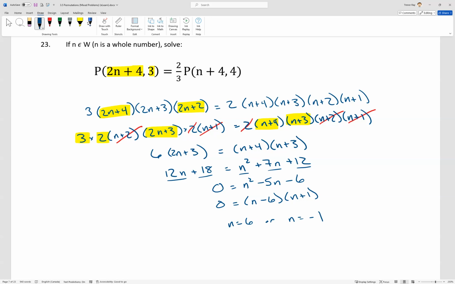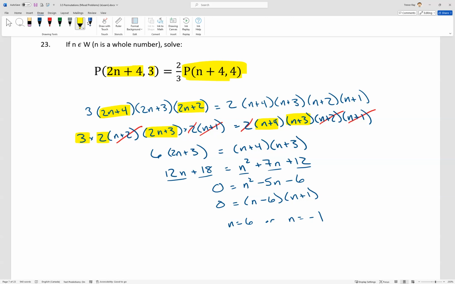Now, going back to my original equation, I'm going to note that n equals negative 1 is not going to work, partially because the question actually says n is a whole number and negative 1 is not whole, it's an integer. But also, if I plug it into the second permutation, the one on the right-hand side, negative 1 plus 4 is 3.